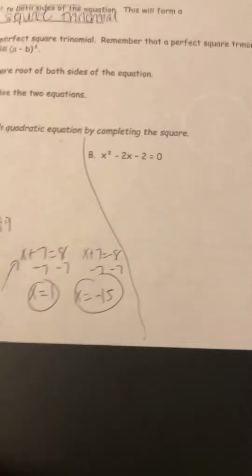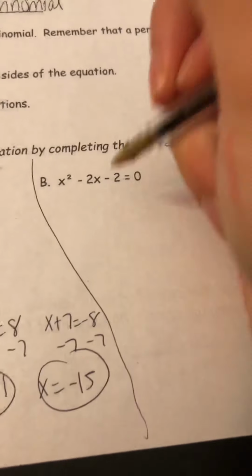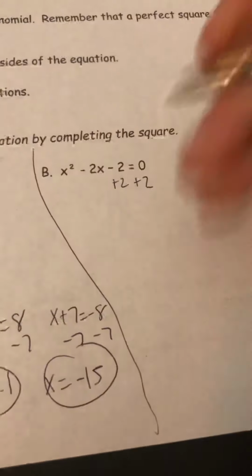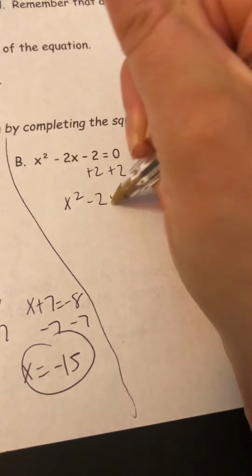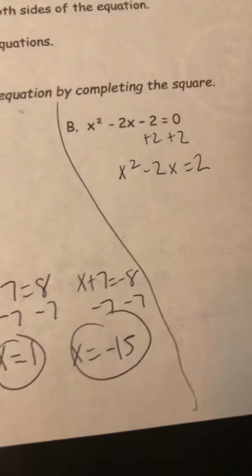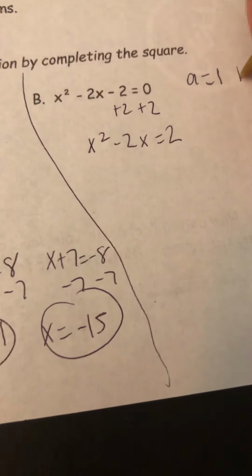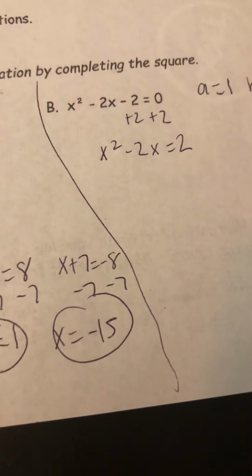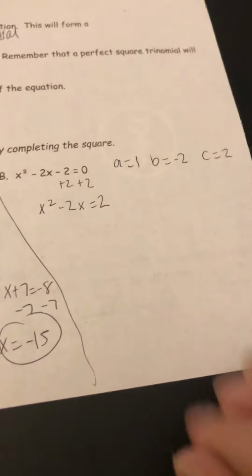All right. Looking at letter B, I have x squared minus 2x minus 2 is equal to 0. And I need to add that 2 because I need to make sure that c is on the other side of the equation. My a is 1, my b is negative 2, and my c is 2.